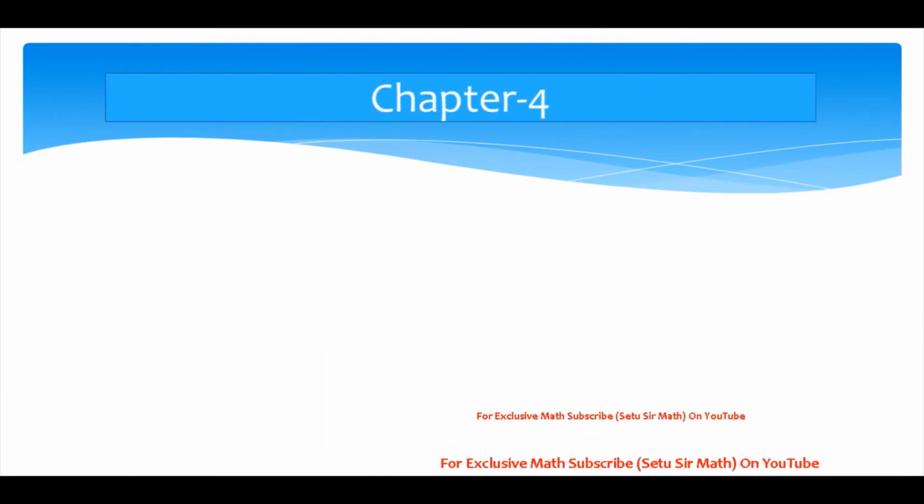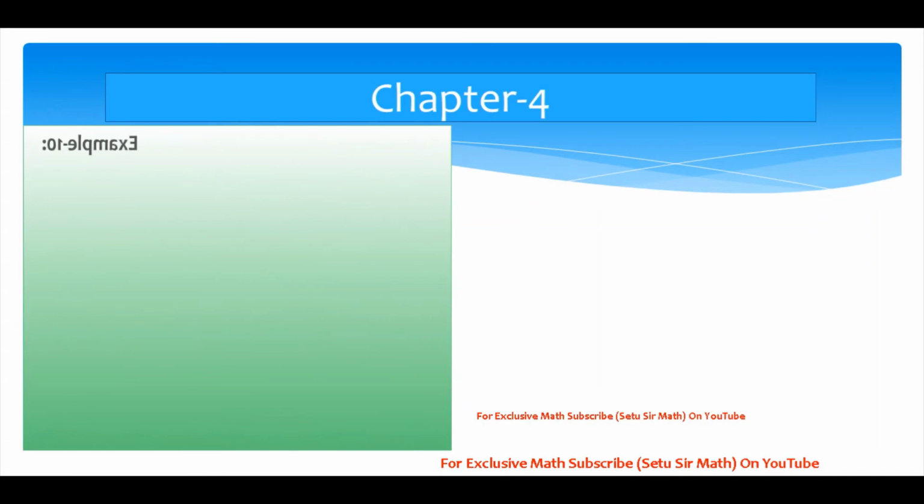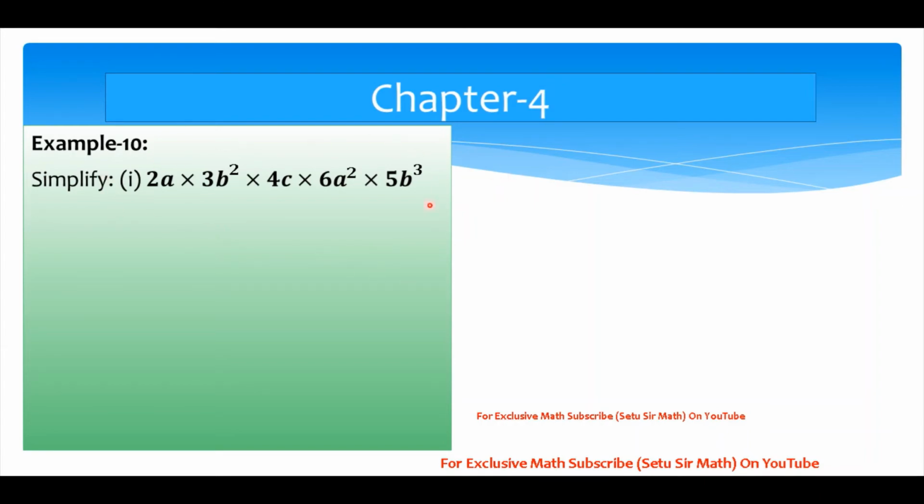So my dear students, now example number 10, and we have to simplify this algebraic expression. You can see this algebraic expression. Here there are 3 bases, A, B and C. 3 different bases here.